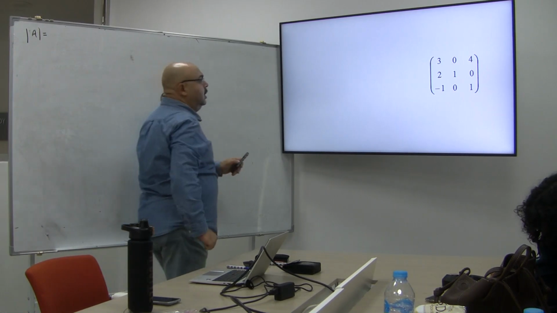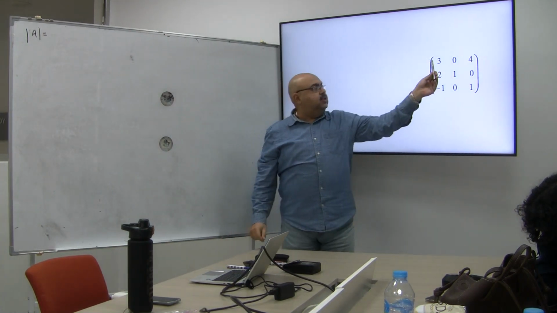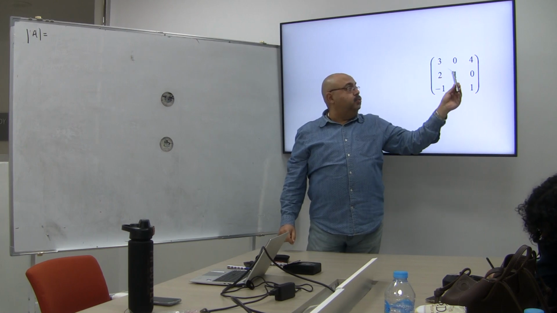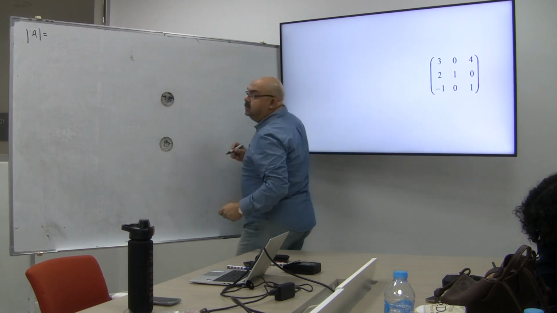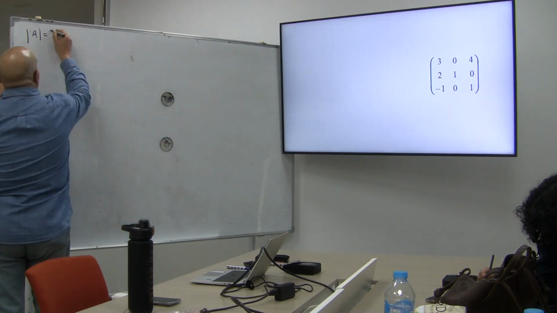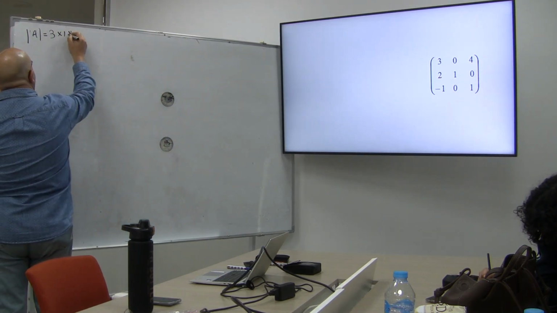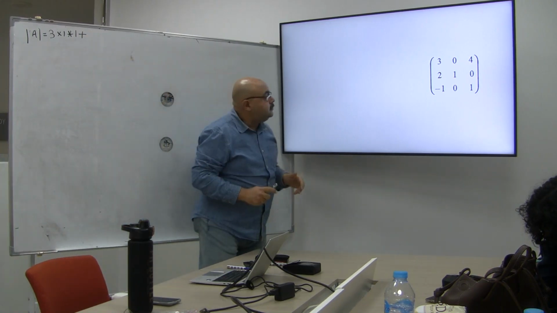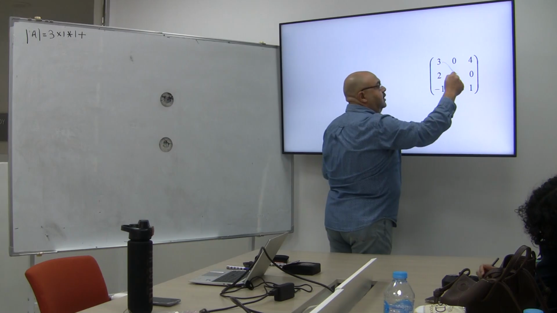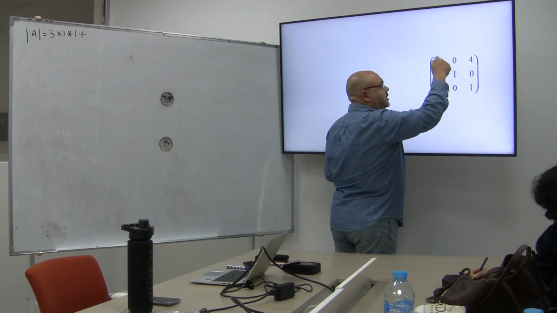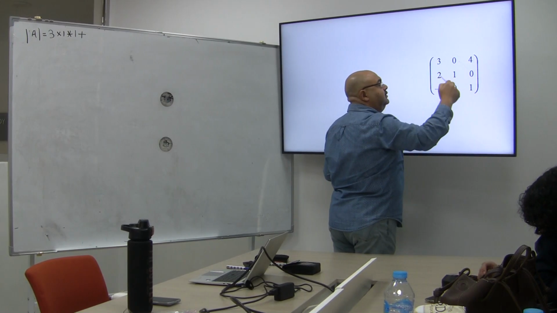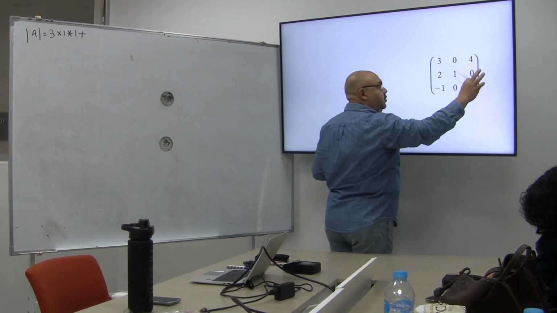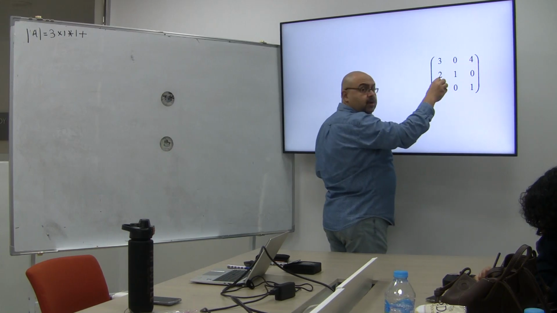All I have to do is to multiply the elements of the principal diagonal. So I will do 3 times 1 times 1. Then plus. Remark that the principal diagonal divides this square matrix into the upper triangle and the lower triangle. Can you see them? So that's the principal diagonal, that's the upper triangle and that's the lower triangle.